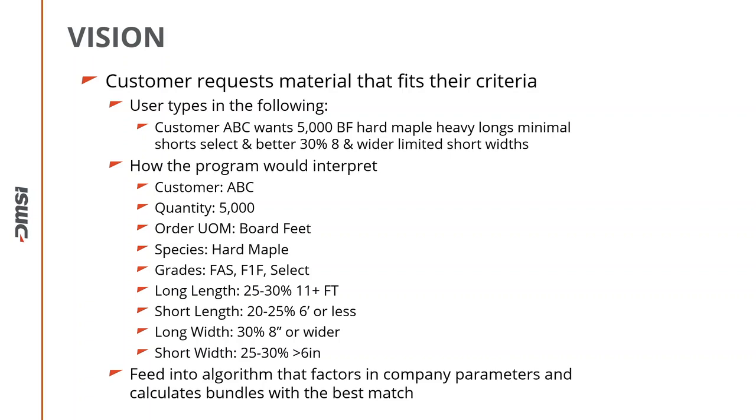How the NLP program would interpret that is: the customer is ABC, the quantity is 5,000, the order UOM, unit of measure, is board feet, the species is hard maple, and the grade is select and better. In the industry, select and better means a select grade, an F1F, and an FAS. Those are the top 3 grades.